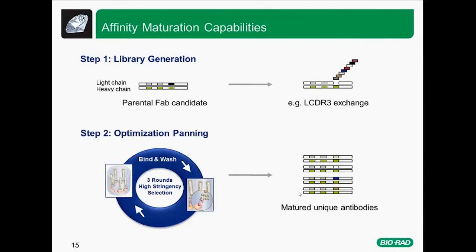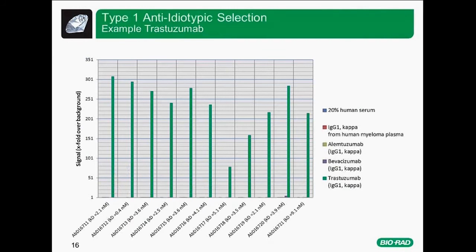And to show you an example, we've done that with anti-idiotypic antibodies. Here, different anti-idiotypic antibodies from a standard panning against Trastuzumab are shown.